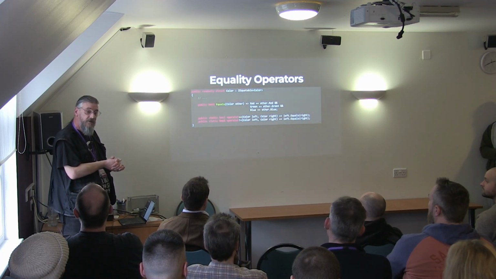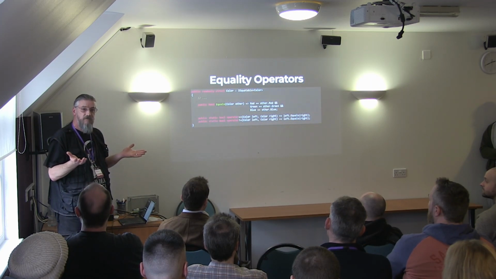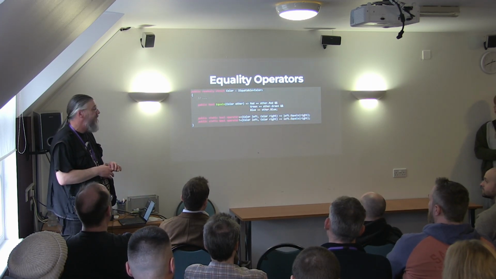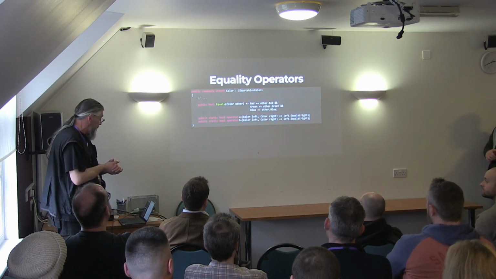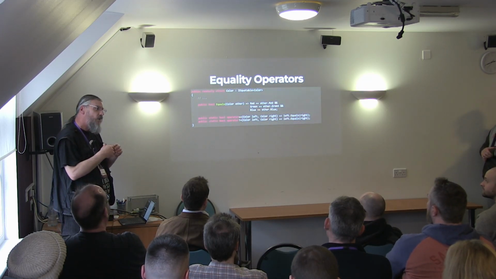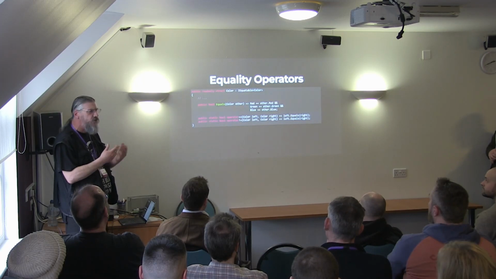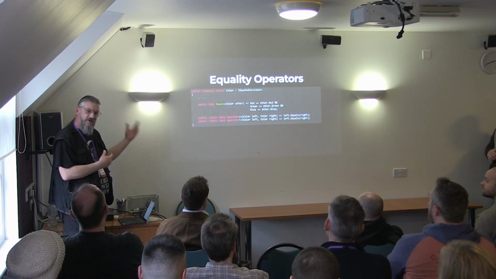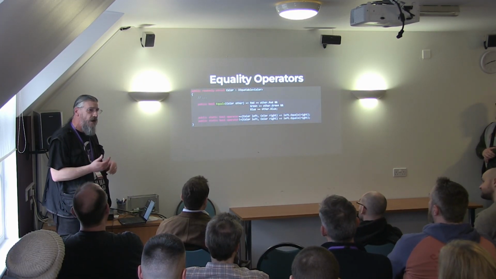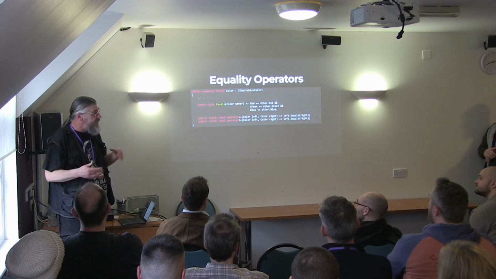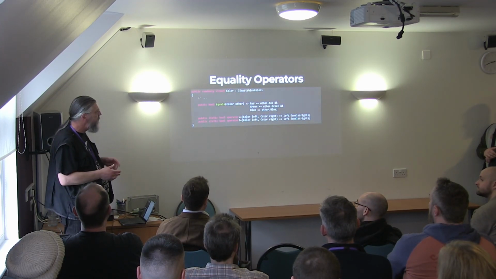If you don't do both, the compiler tells you with an error, fails to compile your code. Well, okay, so equals equals is a direct map to calling the equals method, not equals. The only reasonable way of implementing it is to do the opposite thing.